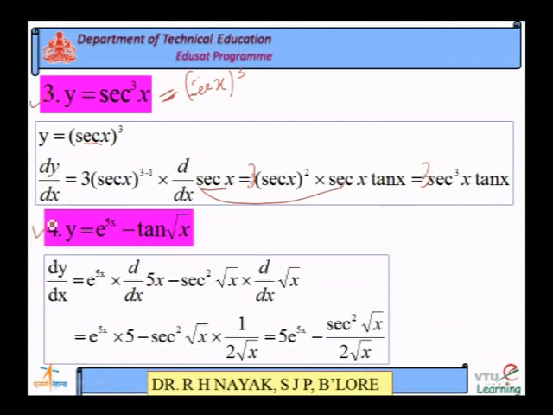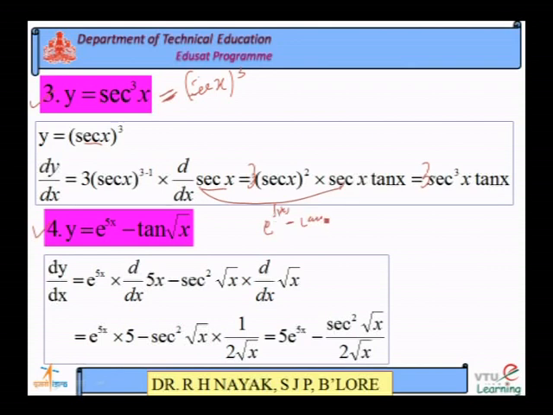You observe the fourth one, y is equal to e to the power of 5x minus tan root x. Here two rules or two standard forms are included. The first one is e to the power of function, and the second one is tan of function.